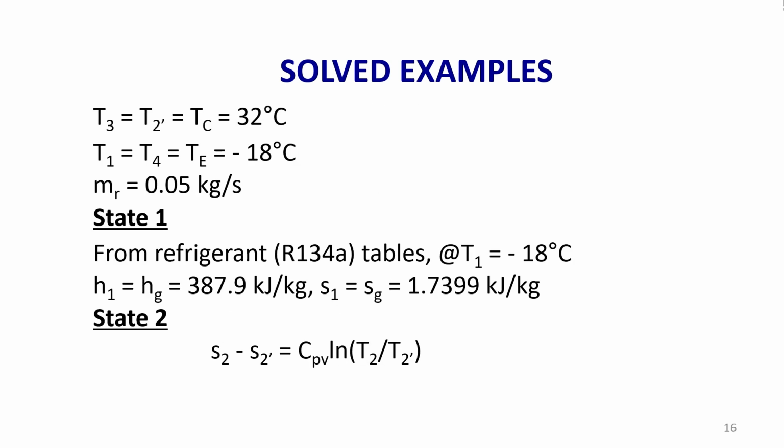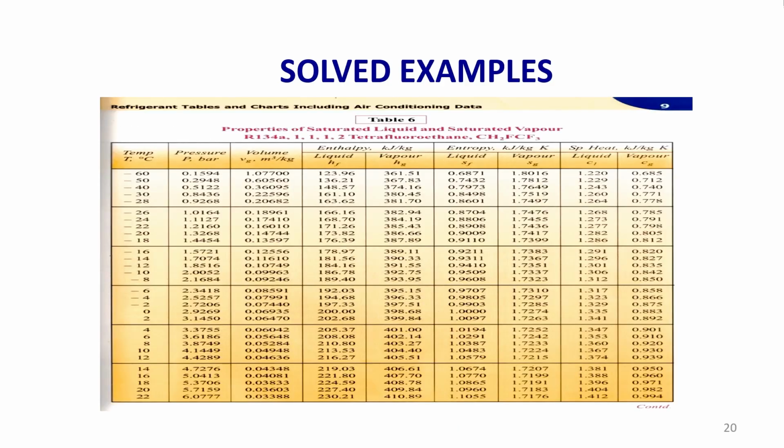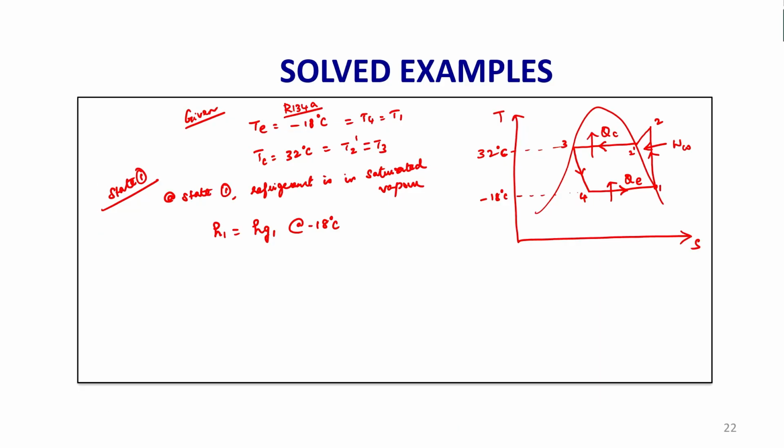So, from the R134A table, corresponding to a temperature of minus 18, we can directly read the enthalpy corresponding to the Hg value, because the dryness fraction is 1. State point 1 is lying on the saturated vapor line. So this is from the R134A table.